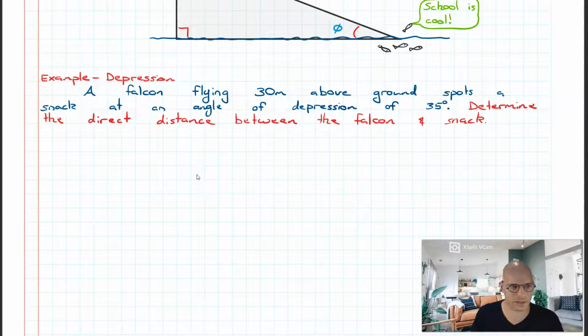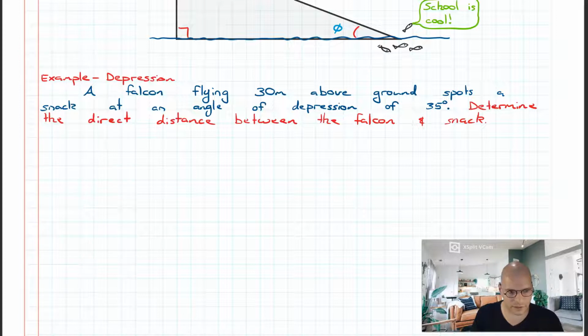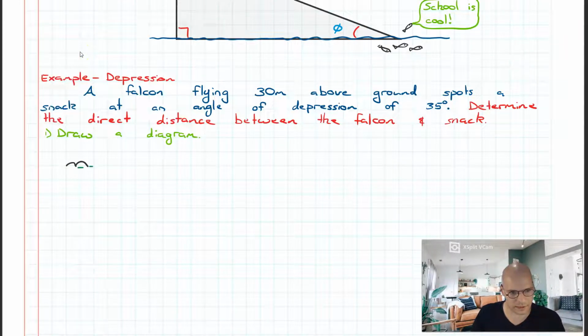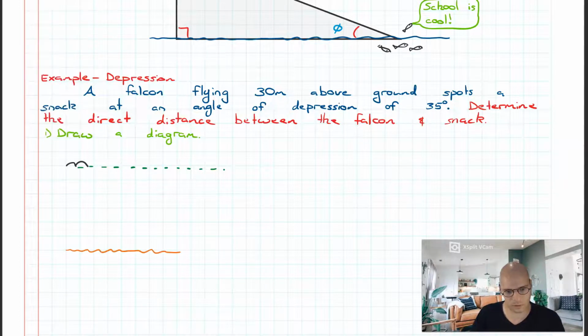Now, to get into this question, what I always recommend is draw a diagram that's accurate to the description given. Doing this, we have a bird, and what's happening is the bird is flying 30 meters above the ground. So we've got a horizontal there, and we'll say we've got the ground here.